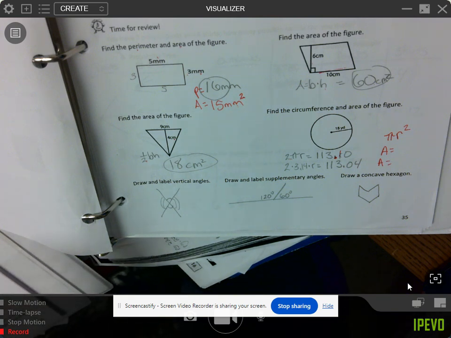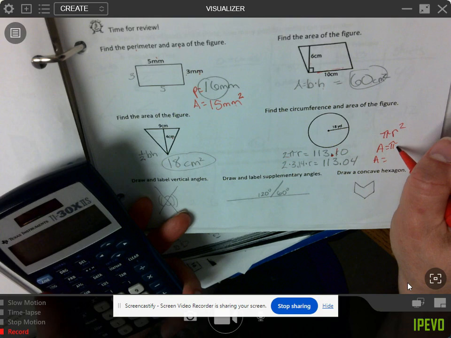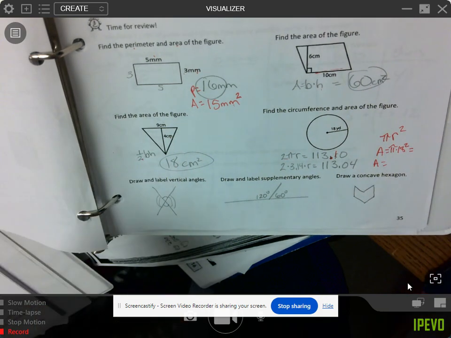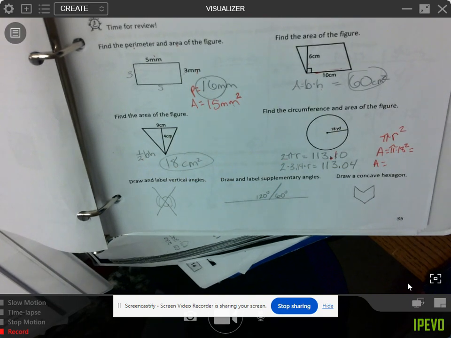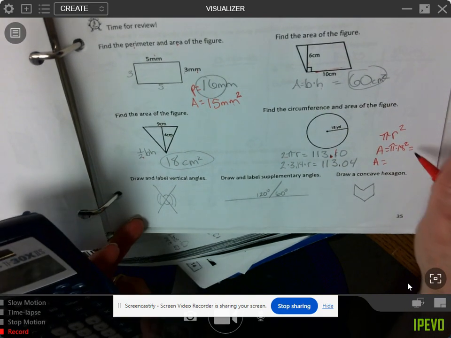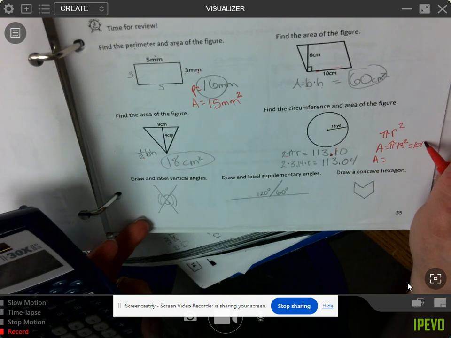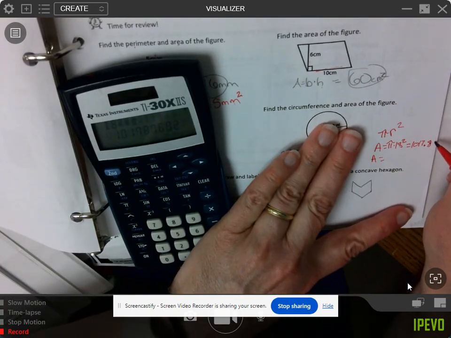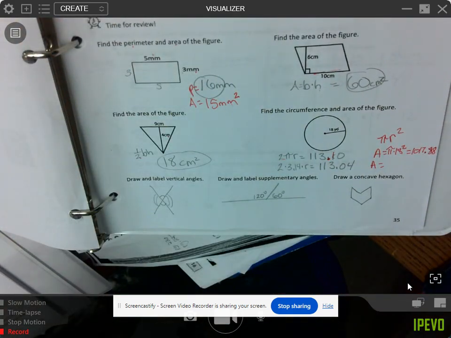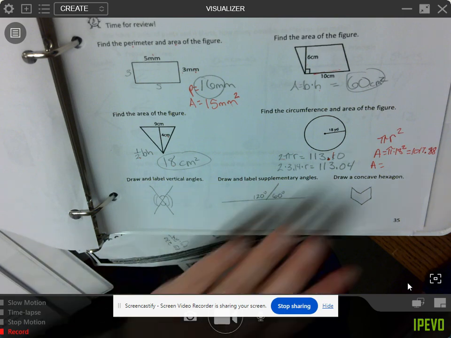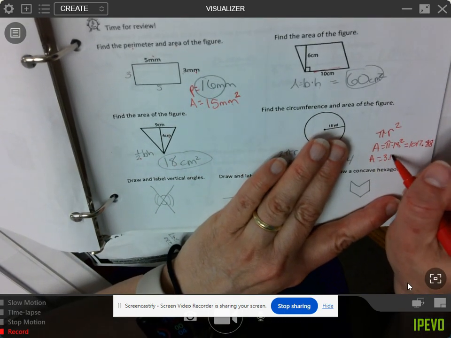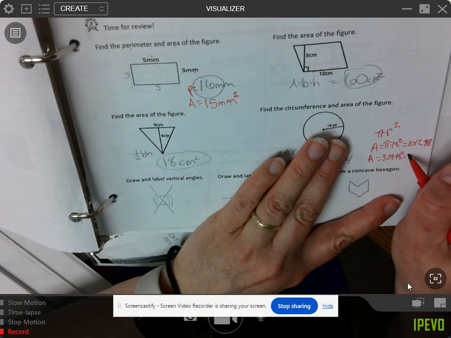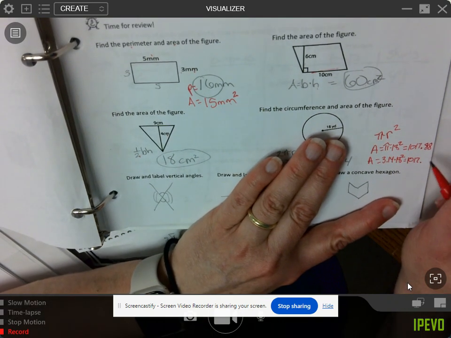So the area of our circle, if I did it with the pi symbol times 18 squared, so 18 squared times pi gives me 1017.88. And if I did it with the 3.14, I get 1017.36.